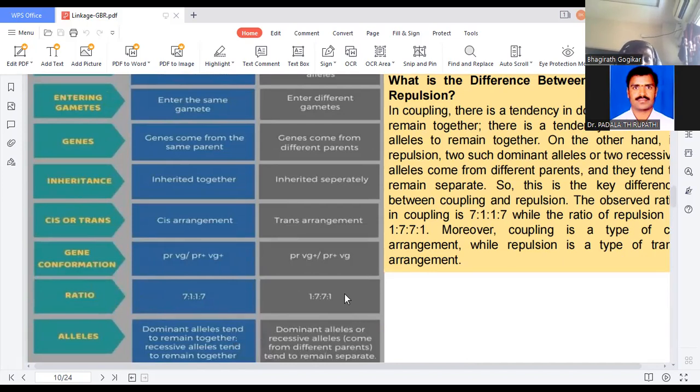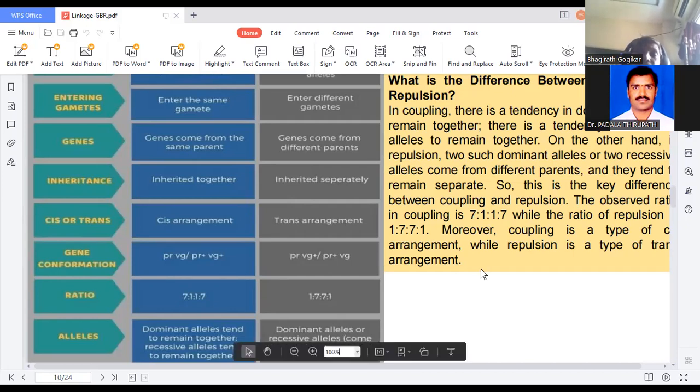What ratio are we obtaining in the dihybrid test cross? 1:7:7:1. So if a linkage phenomenon is present in the genes, it shows more parental characters are obtained in the offspring, and fewer non-parental characters.